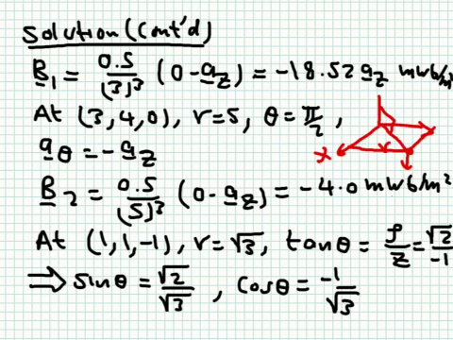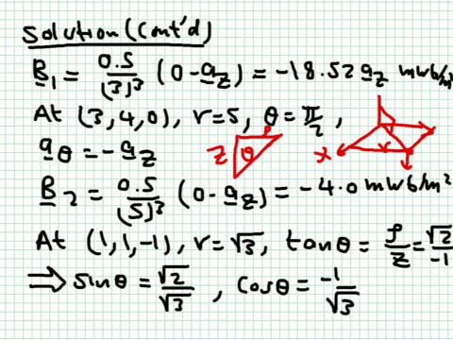The last thing is a general point, 1, 1, and minus 1. And for 1, 1, and minus 1, we can calculate r. R is the square root of x squared plus y squared plus z squared, which is equal to the square root of 3. Tan theta by definition, of course, you can draw that. This is theta here. This is z, and this is rho. So tan theta is equal to rho over z.